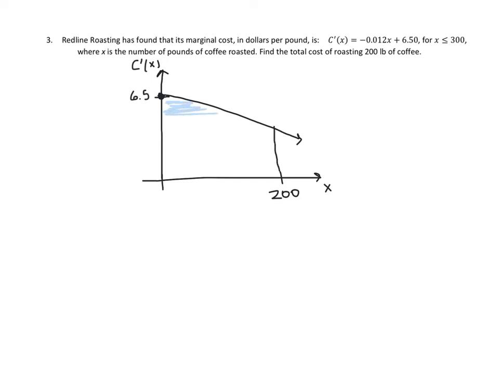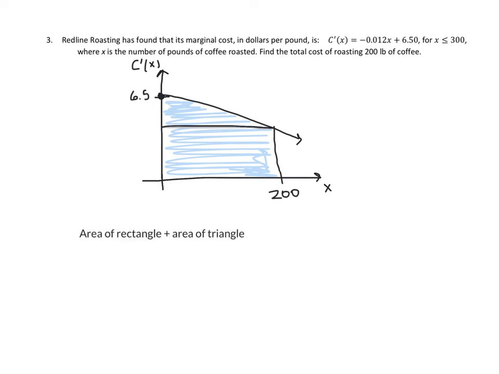So in calculating the area of this figure, notice we have a trapezoid, so we can break this up into a triangle and a rectangle to calculate the area and add those two areas together. Well, in calculating the area of the rectangle and the triangle, we need to know what this point is right here.